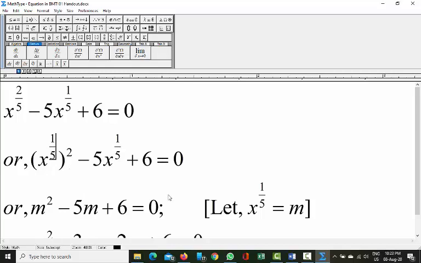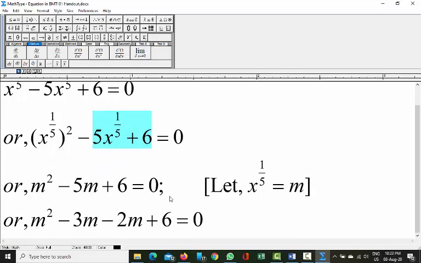Now suppose x to the power 1 by 5 is equal to m. So this one is equal to m, and we have m square minus 5m plus 6. We can solve it like the previous method.